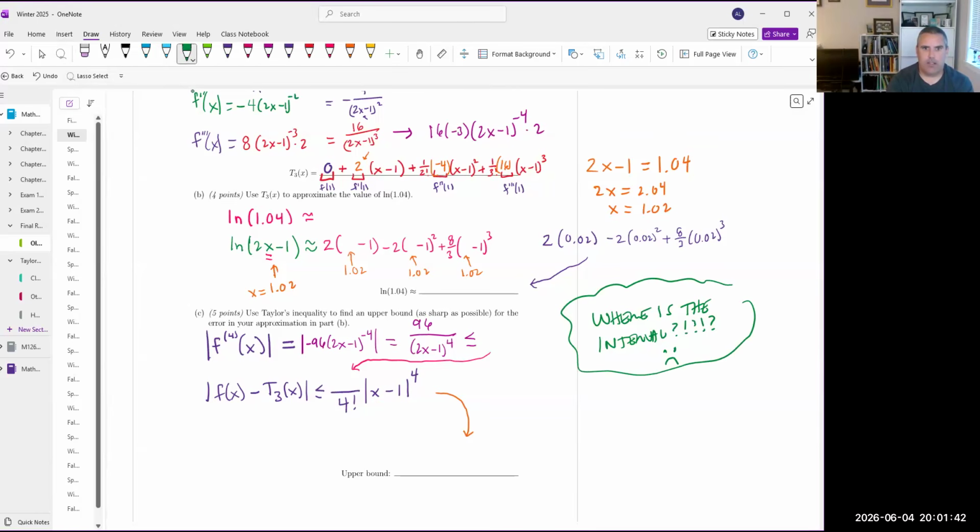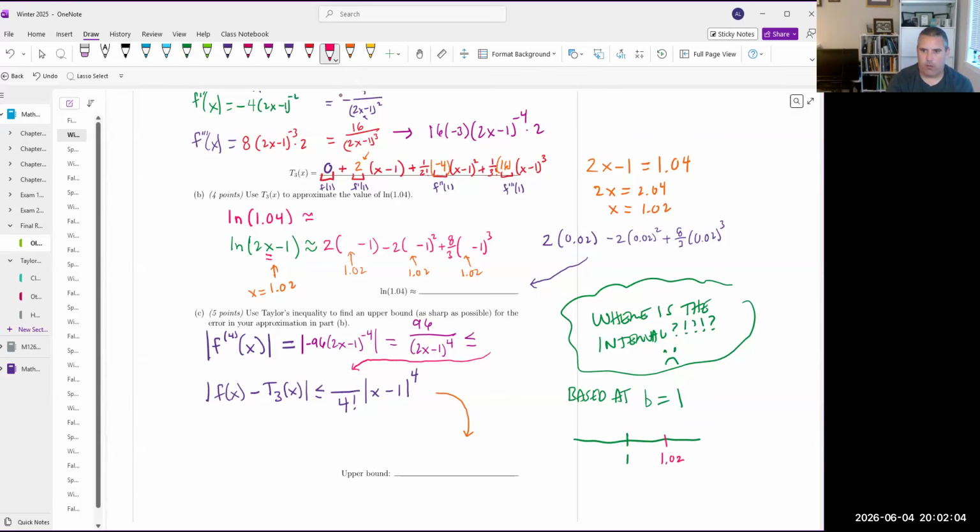Anyways, the tricky part here is you have to figure out where it was based. It was based at b equals 1. And we did an approximation where we plugged in 1.02.